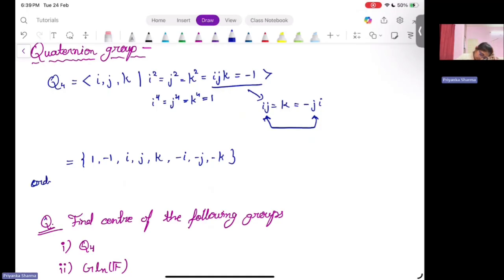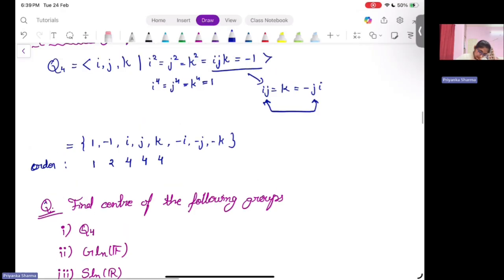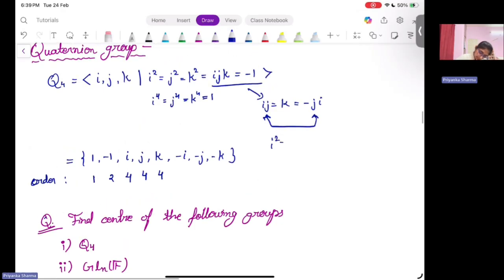If I like to mention orders, 1 has order 1, minus 1 has order 2, since minus 1 squared is 1. I has order 4, J and K also 4. Why? Because I square is minus 1. Similarly, minus I, minus J and minus K have order 4.